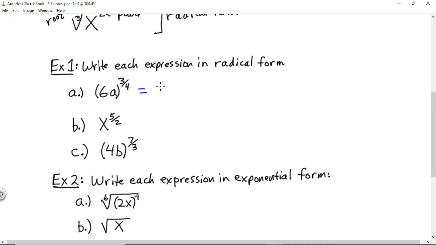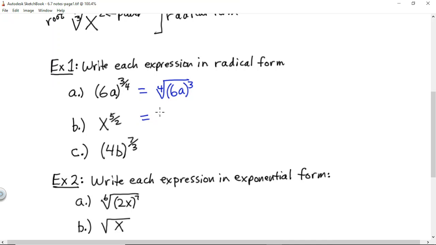So we have a radical with the root 4, right? Because that's the denominator. I mean index 4. Okay? And 3 is the numerator, so that's the power. And that's it. Okay? The numerator is the power. There it is. The denominator of that fraction is the root.